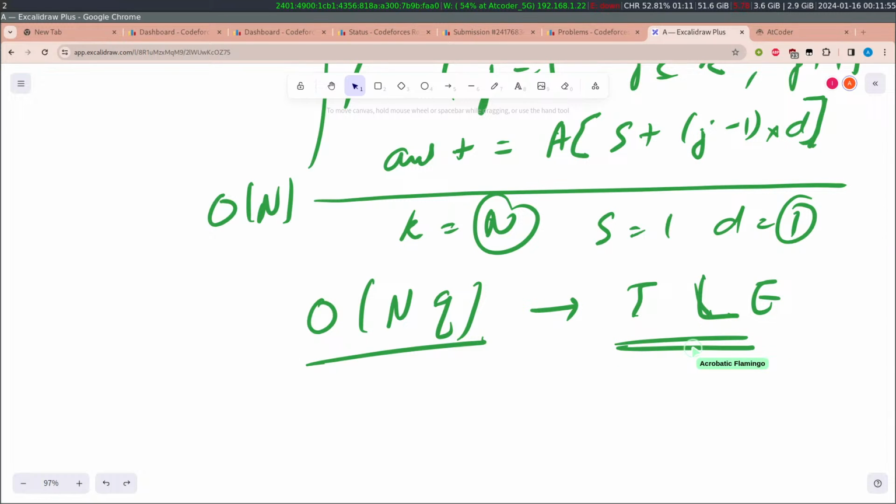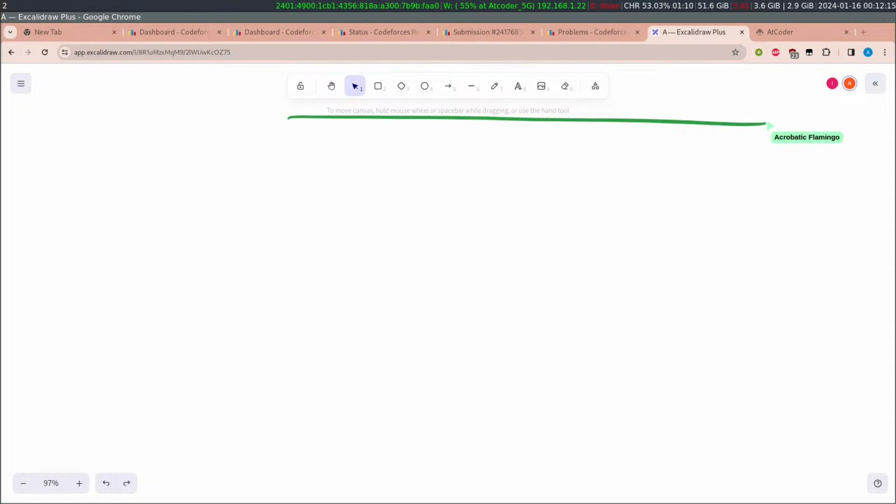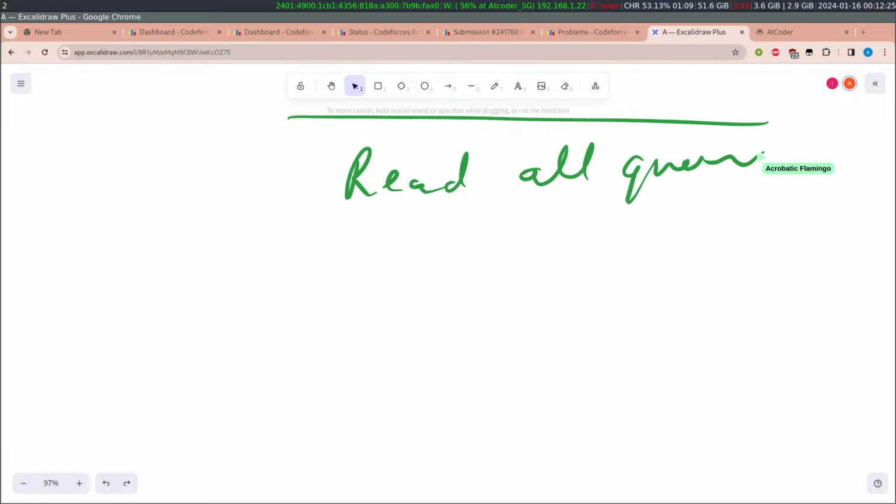Now let's look at one more method to solve this problem. The other method I have is, let's first read all the queries. And let's try to solve all the queries for a fixed d together.